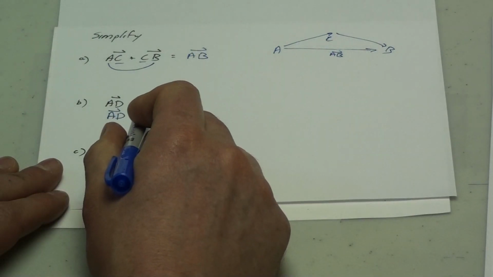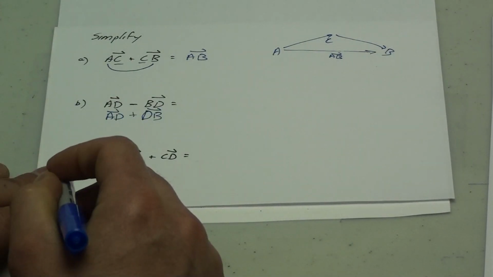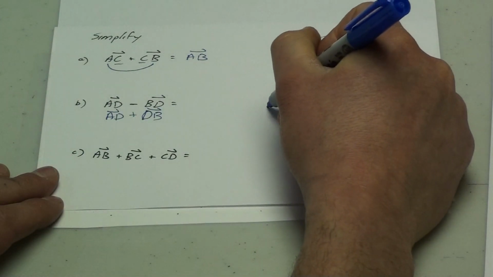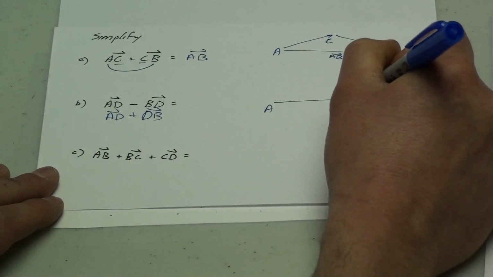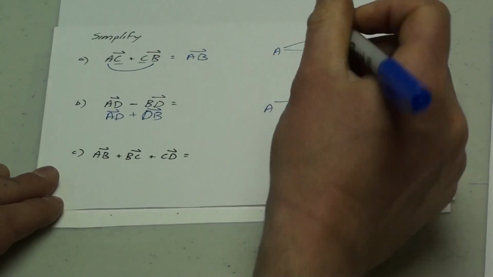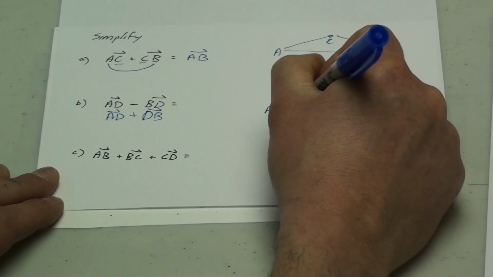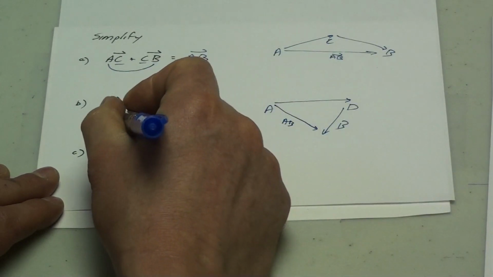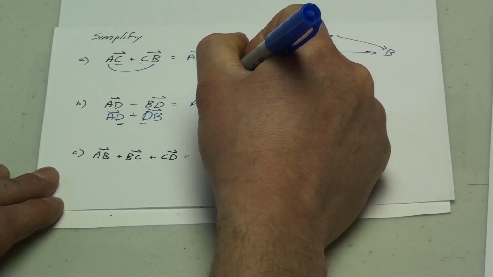I just switch the direction of the initial vector BD. So that means I went from A to D, and then from D to B, and so my resultant would have started at A and ended at B. And again, I have a common point between them of D, so my answer is simply AB.